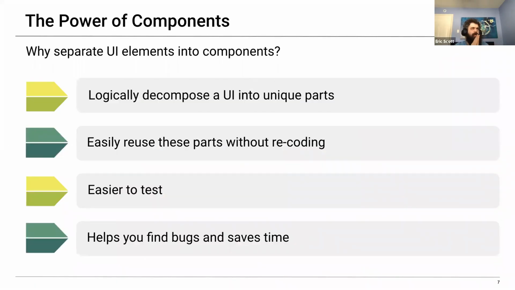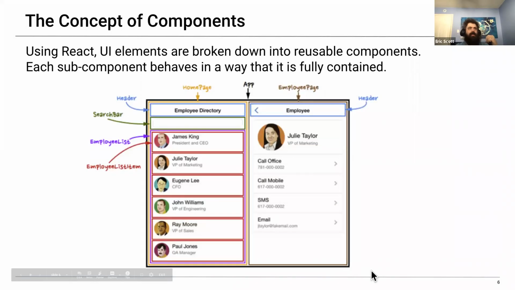So the reason we do this is we want to logically decompose a UI into unique parts. Those unique parts are reusable, as well as specifically targeted. So if I'm working on the employee contact card, I can be assured that I'm just working on the employee contact card.